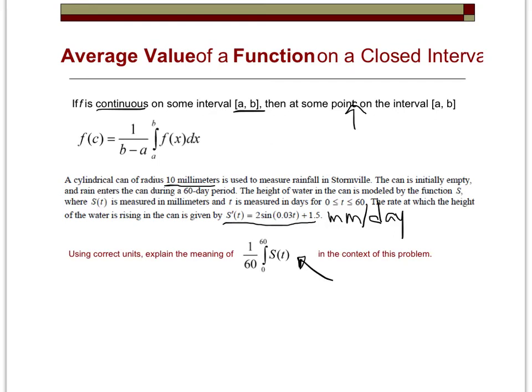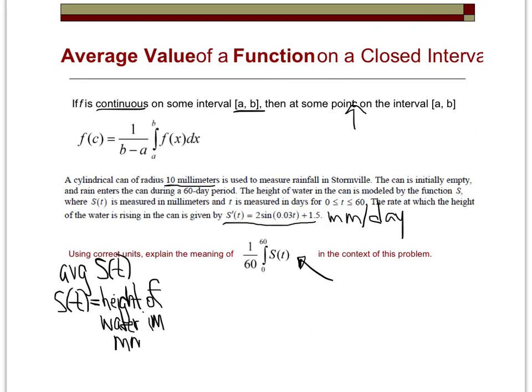So what are we finding? Well, we are finding the average value of s of t. Okay, now what is s of t? Well, s prime of t is the change in millimeters per day. So s of t is the height of the water in millimeters.